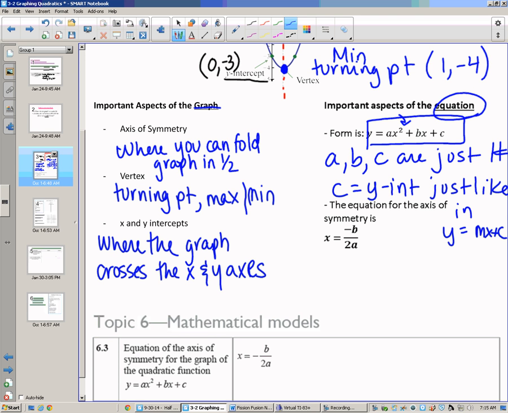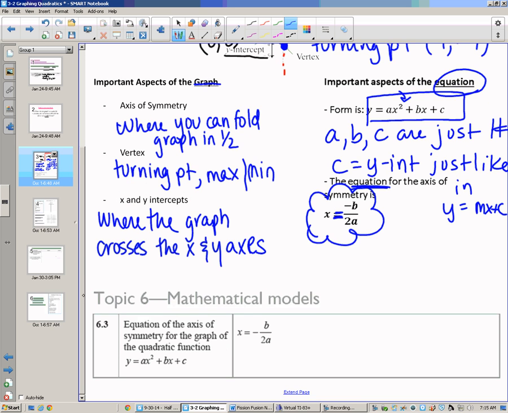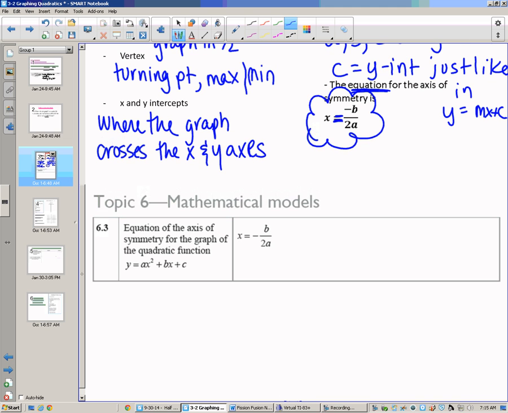What we're going to be doing a lot of when graphing these is looking for the equation of the axis of symmetry. Equation means you need an equal sign. This is something that you are given on all your tests, on the formula sheet. What I want you to notice is that it's telling you the equation for the axis of symmetry.